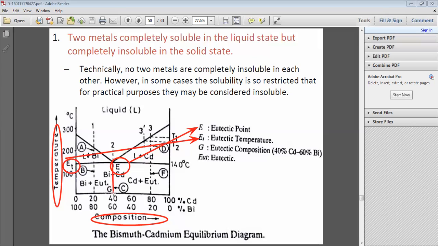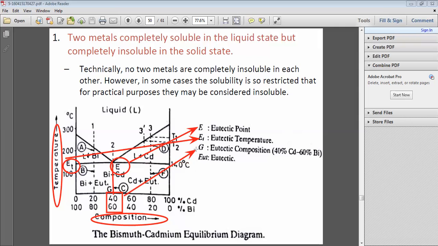What is the composition here? 40 and 60. So this composition is marked as 40% cadmium and 60% bismuth. So this is the composition we are talking about, marked over here.